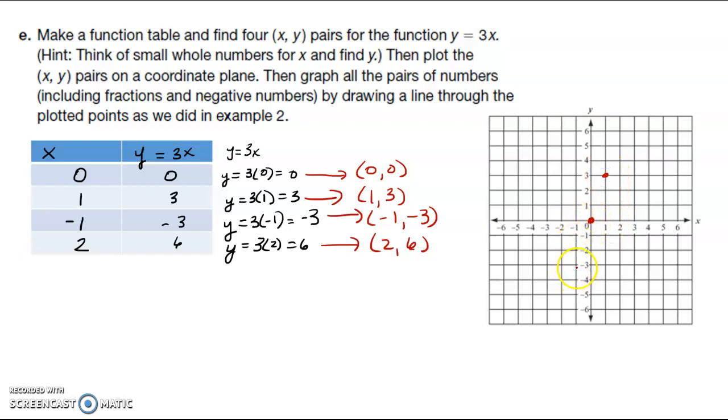And then negative 1, negative 3 is here. And then 2, 6 is there. And it wants us to draw a line. So we have this, and we know a line goes infinitely in both directions, and it's supposed to be straight. Okay, you get the picture.